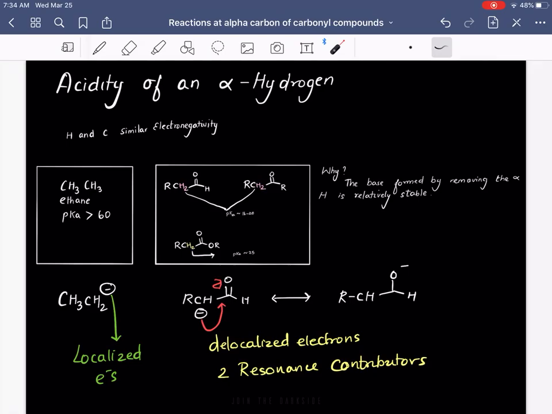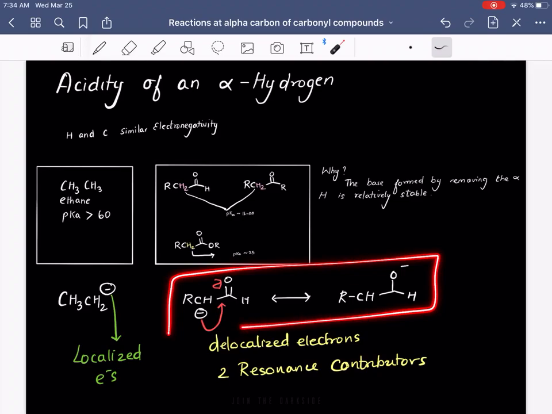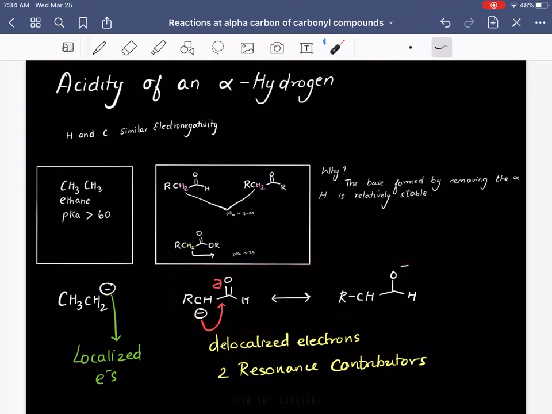These electrons can go up here and the double bond breaks and goes to the oxygen. So there are two different resonance structures for this base, and because the base is stabilized by the resonance contributors, the acid that it came from should be a stronger acid.